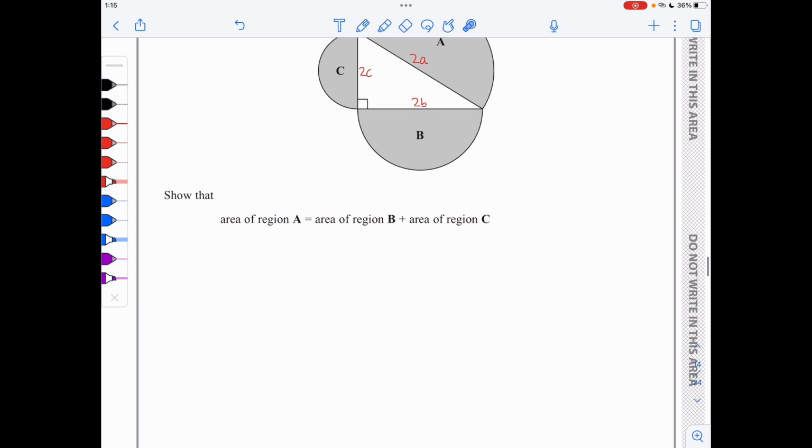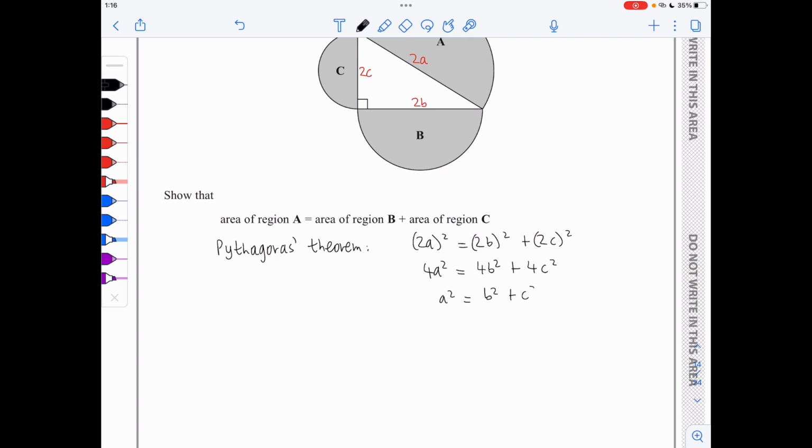Now, Pythagoras' theorem tells us that 2A all squared is equal to 2B squared plus 2C squared, since 2A is the hypotenuse. So 4A squared is 4B squared plus 4C squared, which leads to A squared is B squared plus C squared.